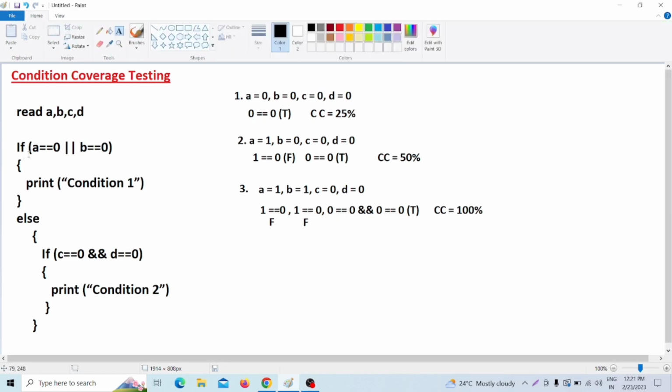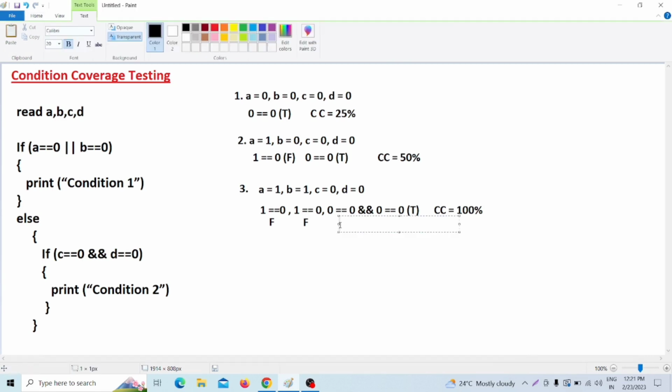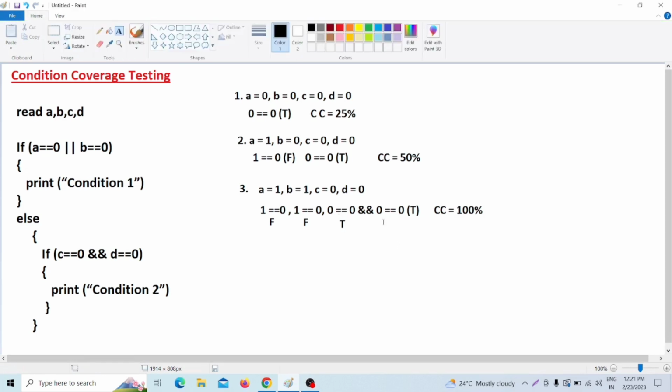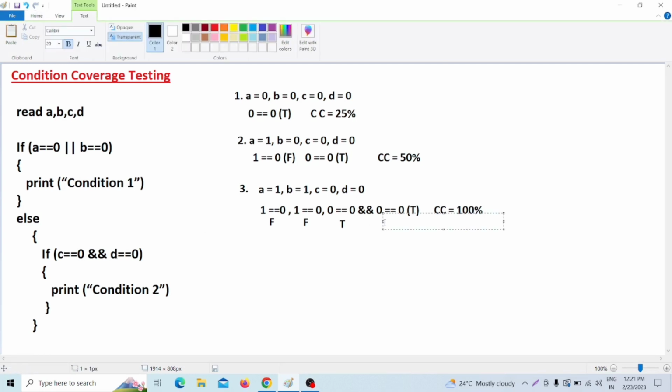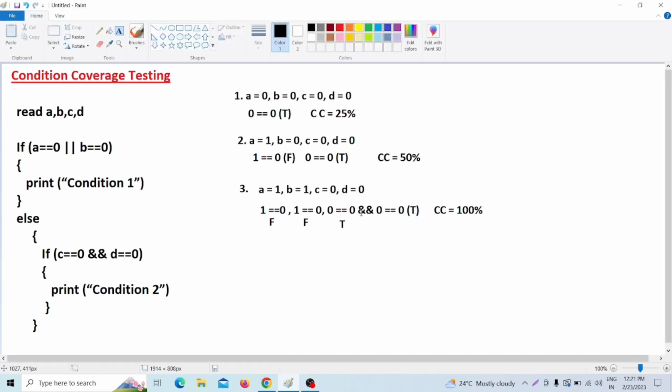Now the control will go to the else part, where if C equals 0, that means 0 is equal to 0, so it's true. And also for condition 4, that is condition D equals 0, that is also a true value. For the AND gate or AND operator, both the left hand side and right hand side will be checked.